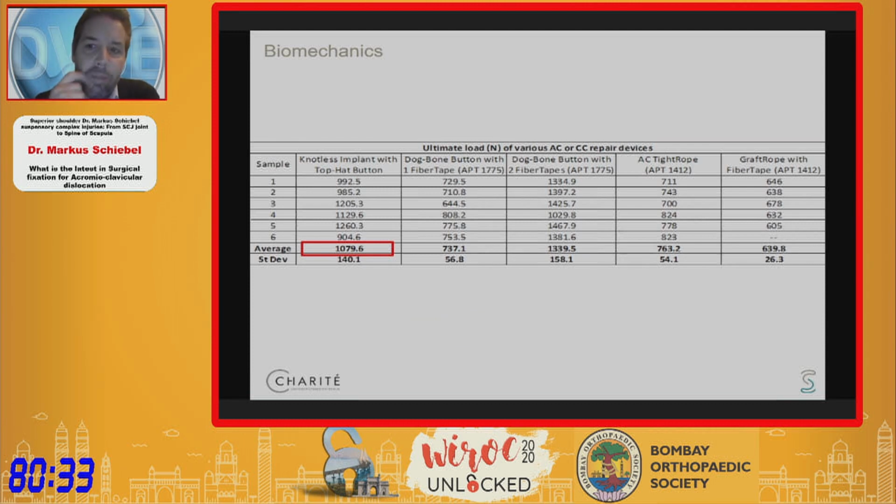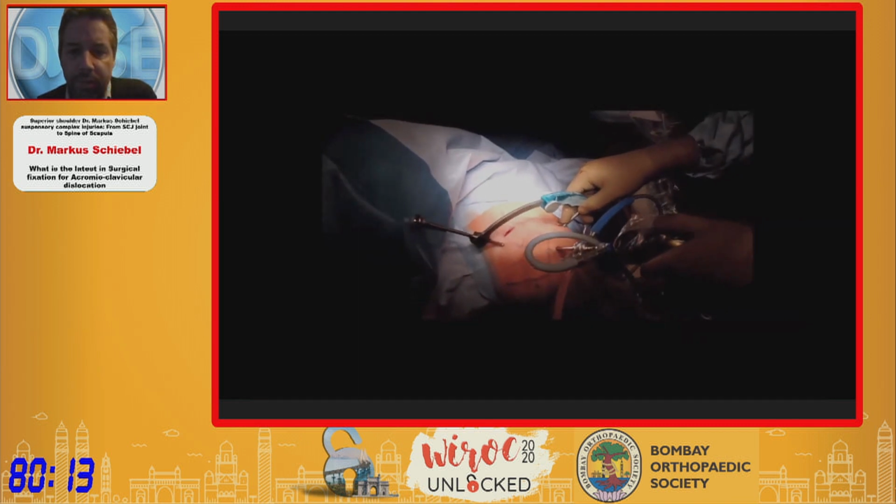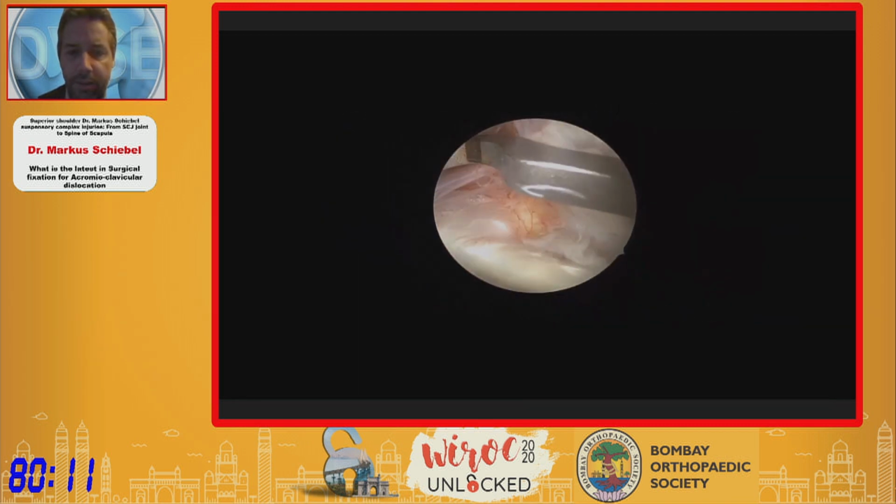Here you see the primary fixation strength with 1,080 newtons compared to the old tightrope with 763 newtons. The dog bone with 2 tapes is a little bit better, 1,300 newtons, but that's questionable if you really need these additional 250 newtons. So I briefly show you the surgical technique in a short video.